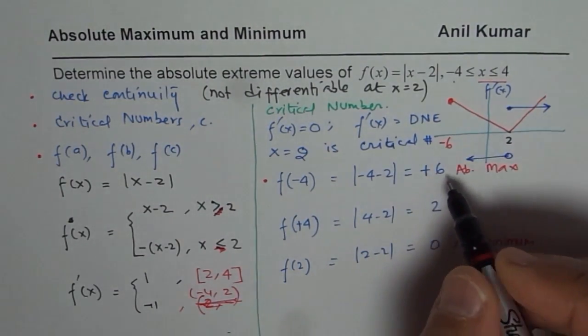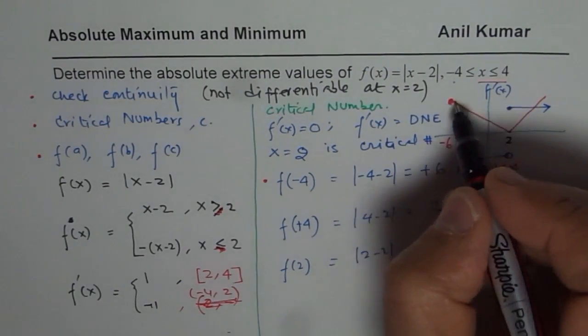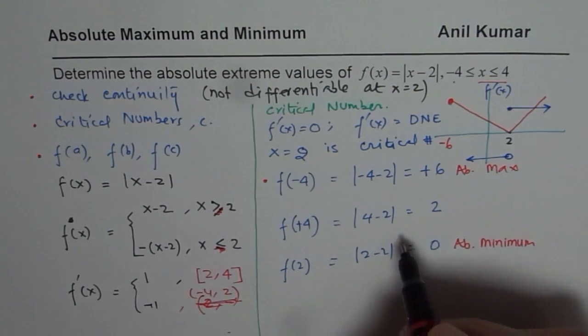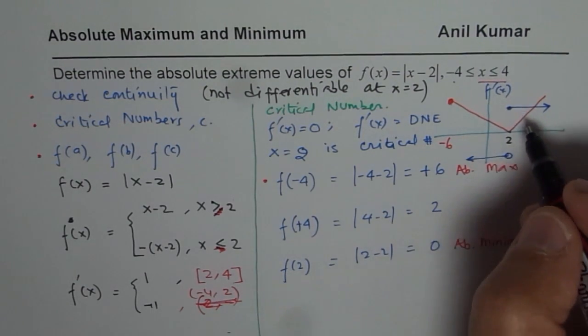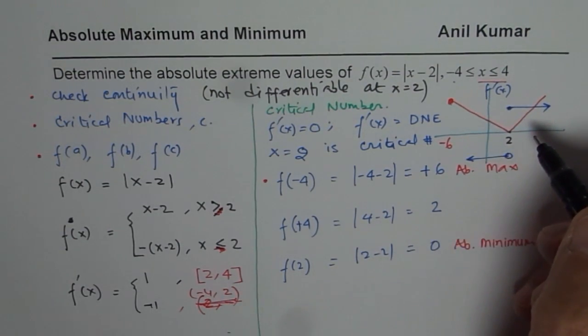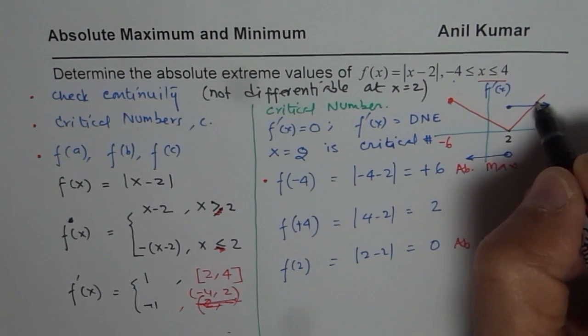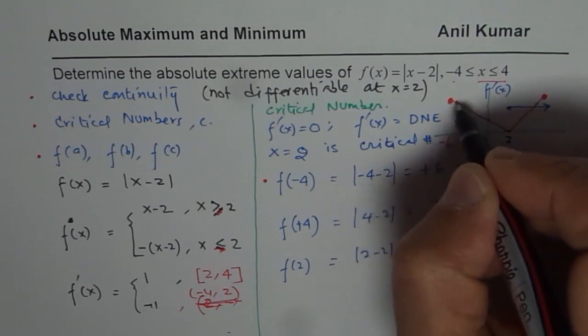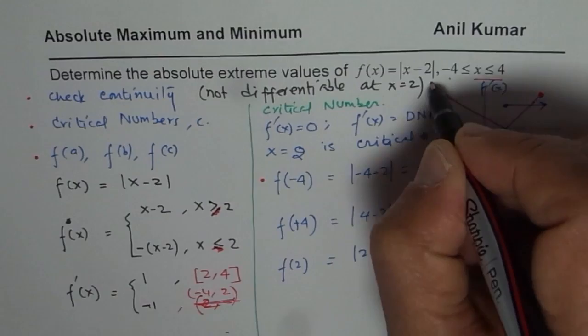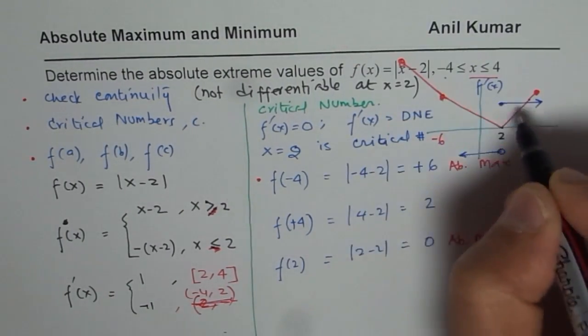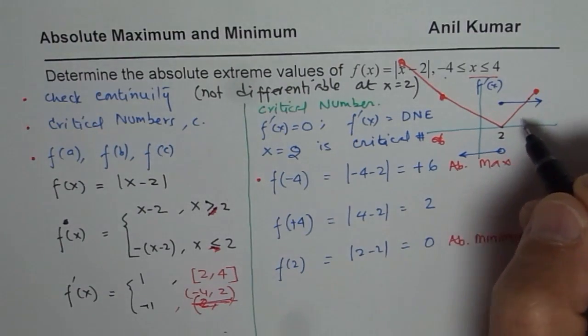So at -6 we are getting a value of +6. So that is our maximum. And at +6 we get a value of 2. So 2 will be much lower than this. But anyway, let's say this is 2, and we'll go further, right? So let's say that was -6.